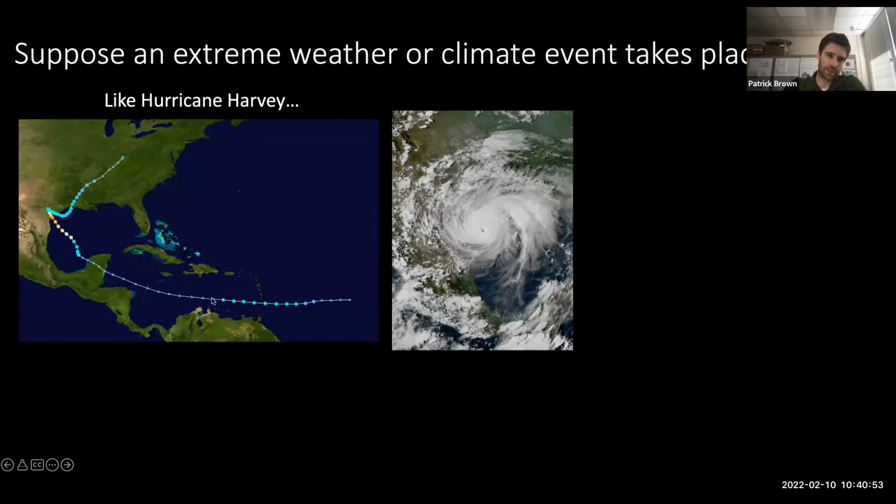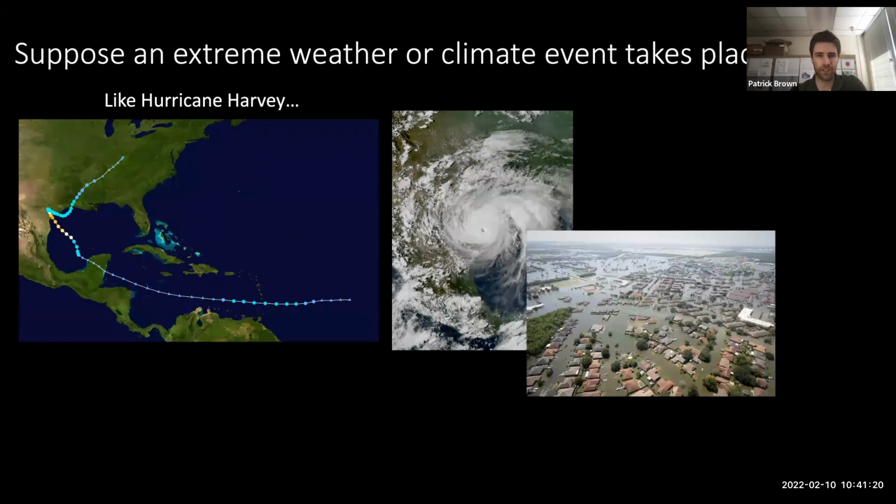These dots are increments of time, I'm not sure exactly what the increment is, but the fact that all the dots line up on each other over here means that it was basically sitting on top of Houston for a long time. It was moving pretty fast down here, and then it hit the coast and just sat there.